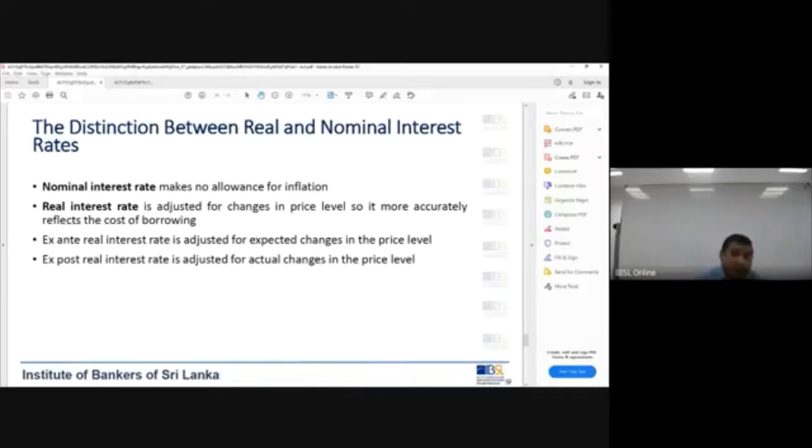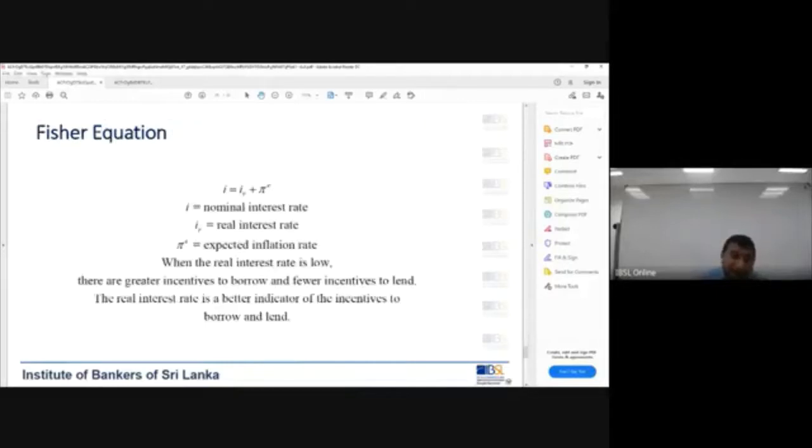But these are very good elements, and this is derived from the so-called Irving Fisher's Fisher equation. One of the very prominent equations in economics is the Fisher equation. Irving Fisher, one of the famous economists, compiled this and stated that I, the nominal interest rate, is nothing but IR, the real interest rate, plus πE, the expected inflation rate. Right?